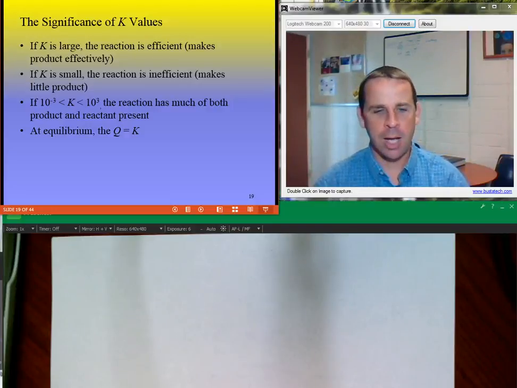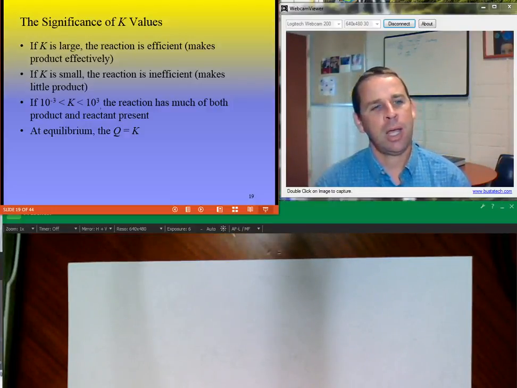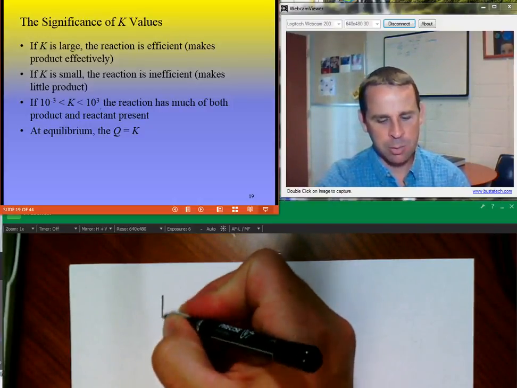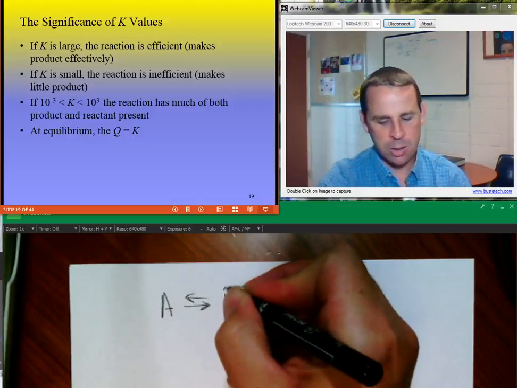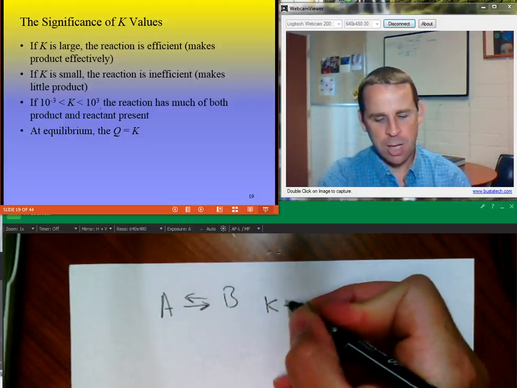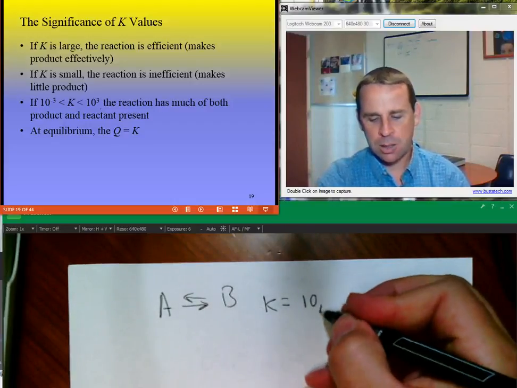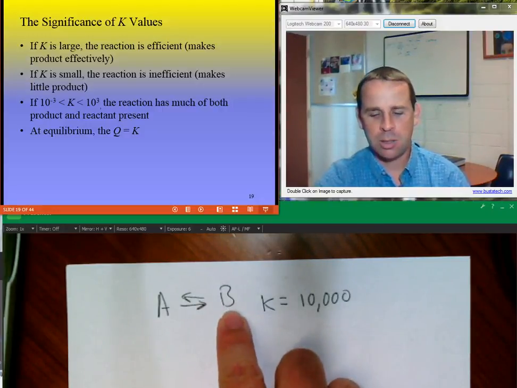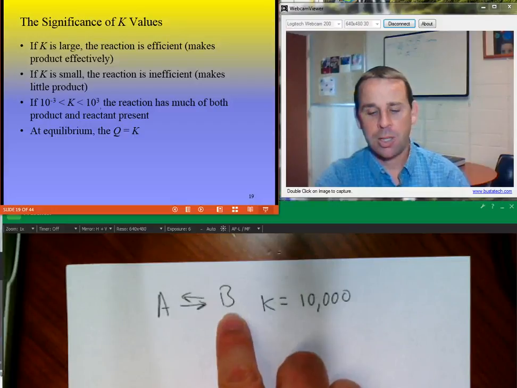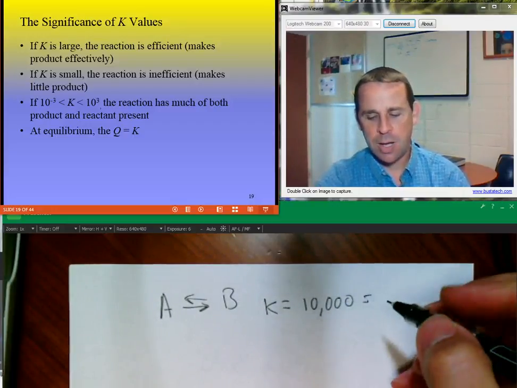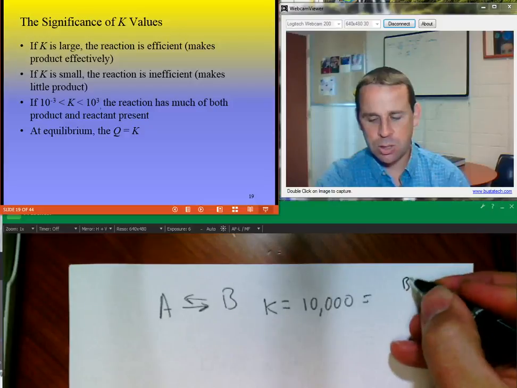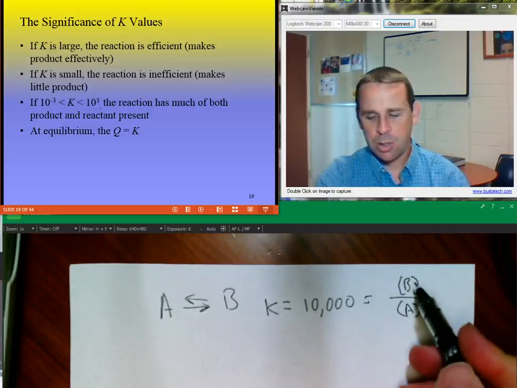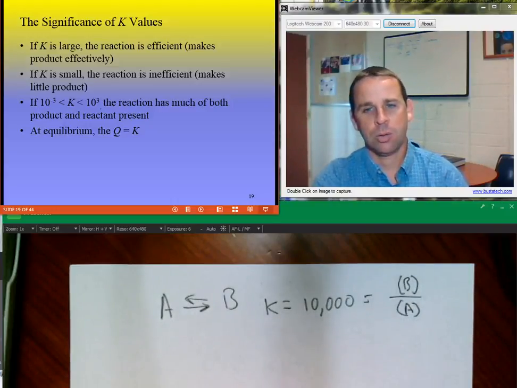If we had actual concentrations of reactants in a reaction and the resulting K from that reaction, for example, if I have A going to B, and the K value is large, like 10,000, then that tells me the relative concentration of B, the product, is high, because that value, 10,000, is the concentration of the products over the concentration of the reactants. And if this is a large number, then there's lots of products compared to reactants.